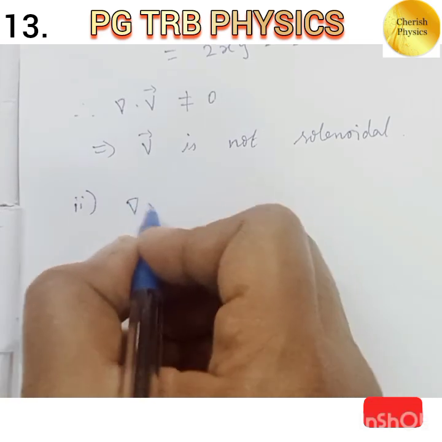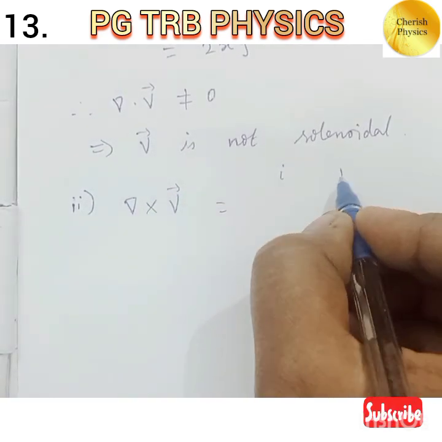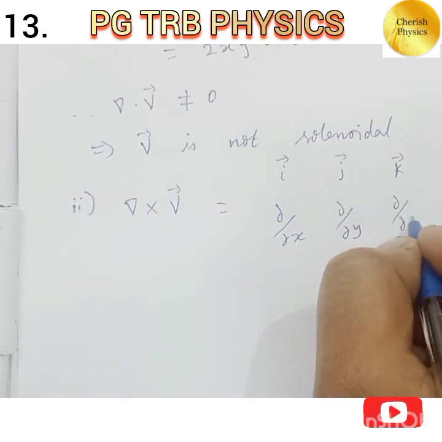Now let us check the second condition. Del cross V vector is equal to matrix of i vector, j vector, k vector, dou by dou x, dou by dou y, dou by dou z.